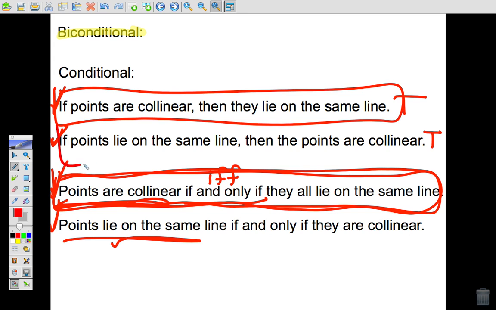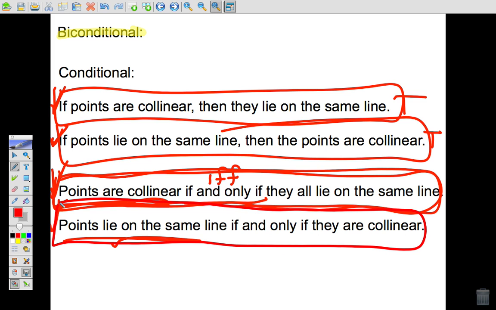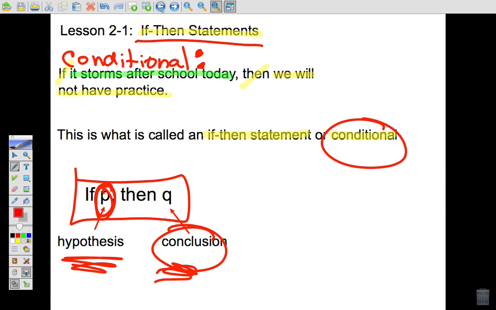Here's one of them and here's another one. Or I could have taken this one and separated this biconditional into the same two conditionals. Now biconditionals are probably a little harder topic to understand. This is something we'll work with in class. So the topic was called if-then statements, or in other words, conditionals.